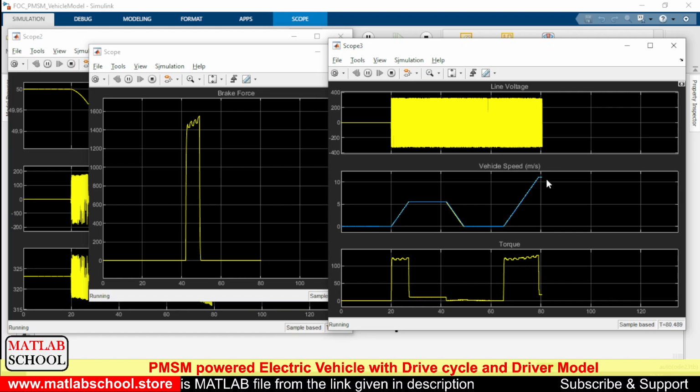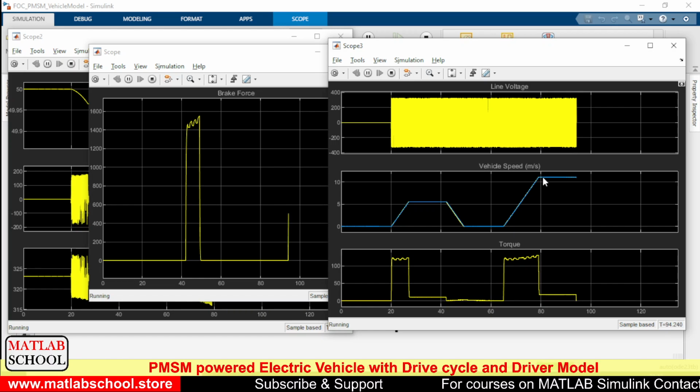Okay. After some time there will be a braking as per the speed profile. Yes. Now there is some braking happening. Yes. As you can see, the speed of the vehicle is getting reduced.